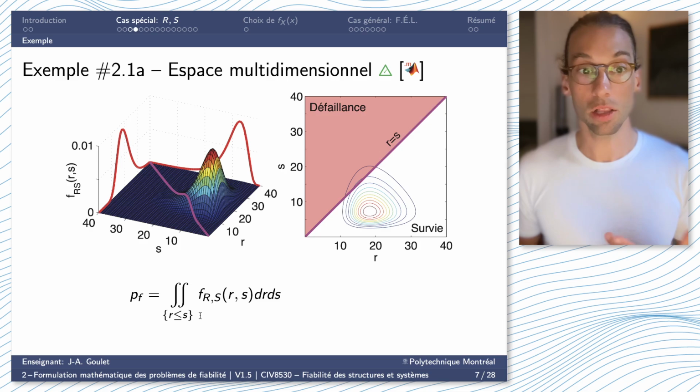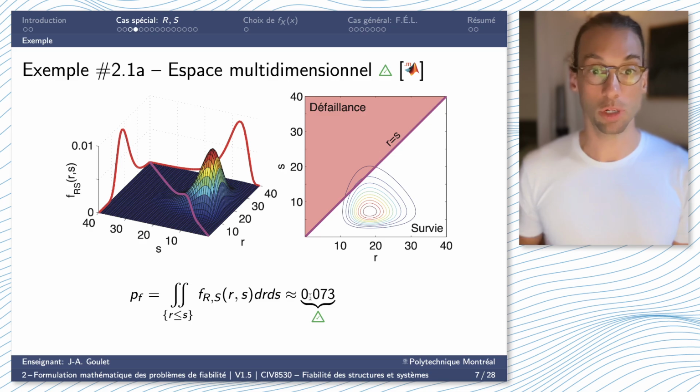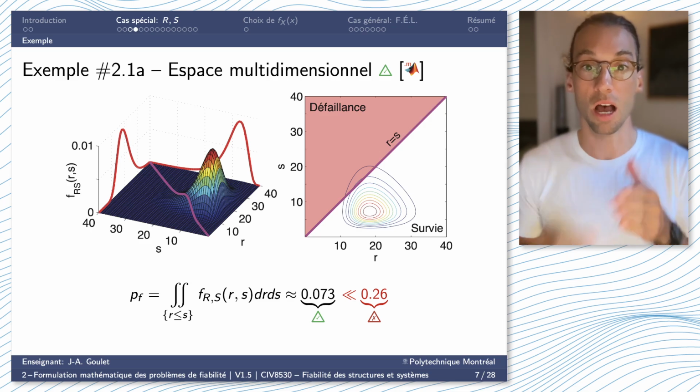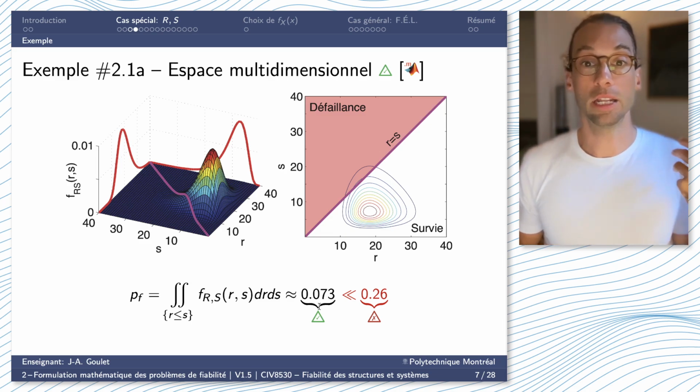And the result of the area under this part of my joint PDF is going to give me, if I could make the computation for this special case, 0.073. And we see that this is much lower than the 0.26 we saw by looking at the area of the intersection of the curves, which was a wrongful representation in the previous slide.